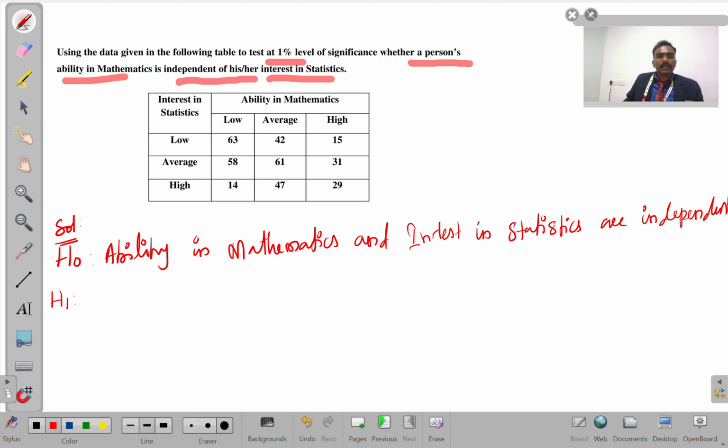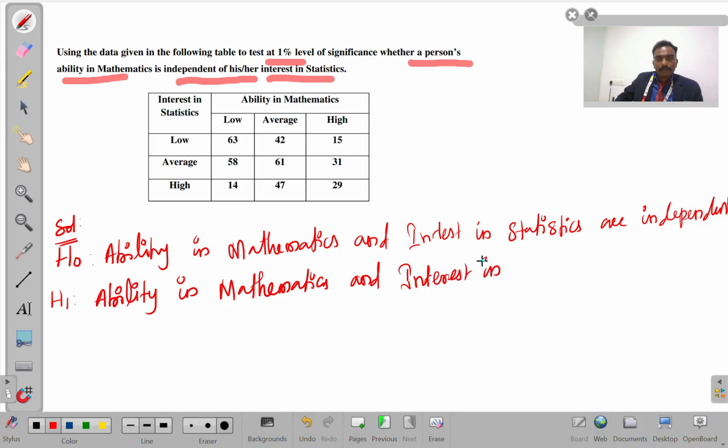Always the alternate hypothesis is the opposite of H naught. So the alternate hypothesis is: ability in mathematics and interest in statistics are not independent. So first define H1 and H0.